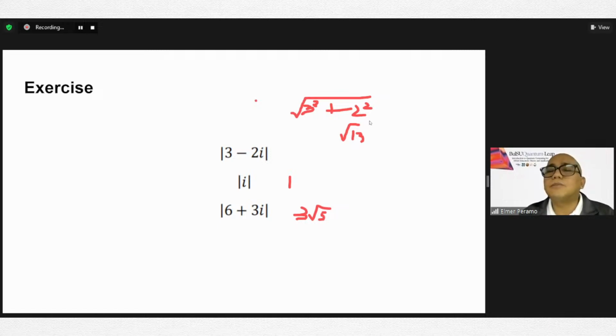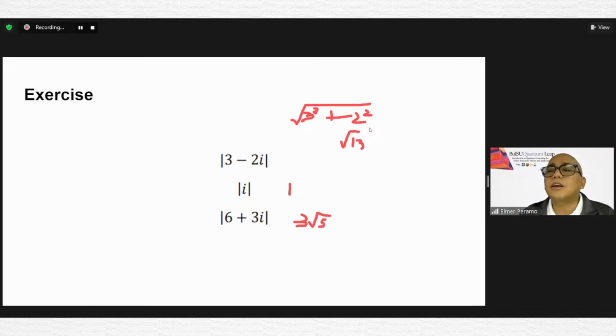Can I see a confirmation from the group if my answer is correct? Were you able to follow the computation of the absolute value? Because this is very important when we go to quantum computing.